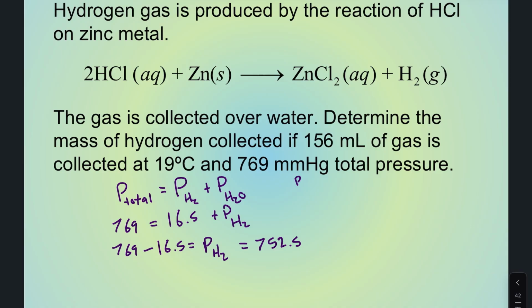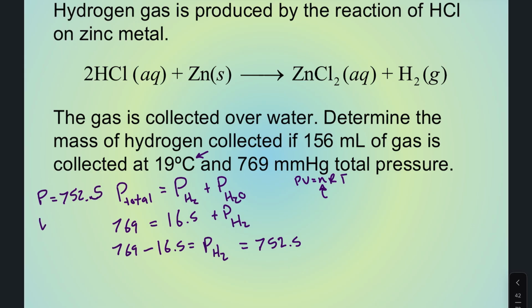And so from there, we can calculate the mass. So we can use PV equals nRT, and we're going to solve for moles, because once we solve for moles, we can convert that to mass. The other thing we need to do is, we know that this is 19 degrees Celsius, so we'll have to convert that to Kelvin. P is going to be 752.5.